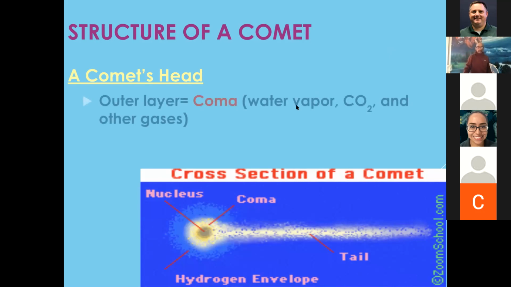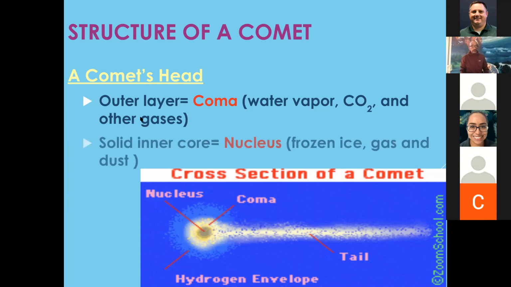A comet's head, the outer layer, is called a coma. It's made up of water vapor, CO2, and other gases. The solid inner core is the nucleus. It's made up of frozen gas and dust.